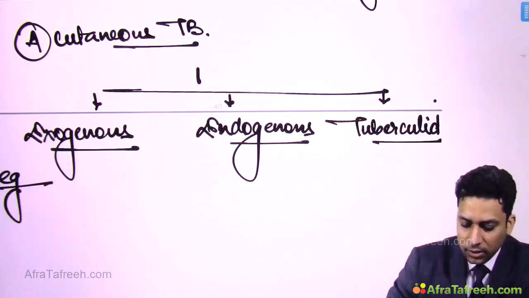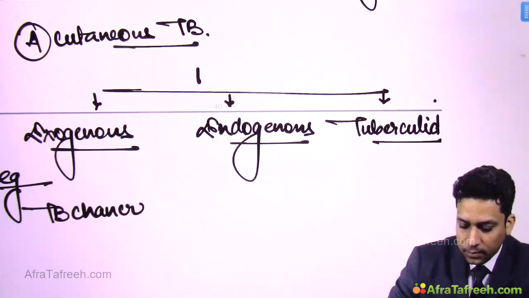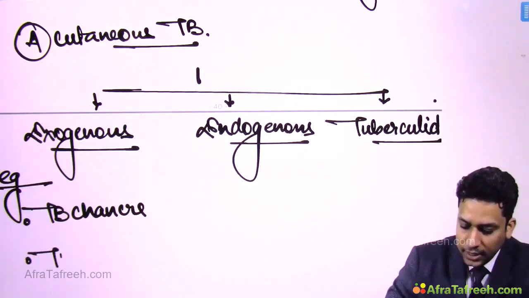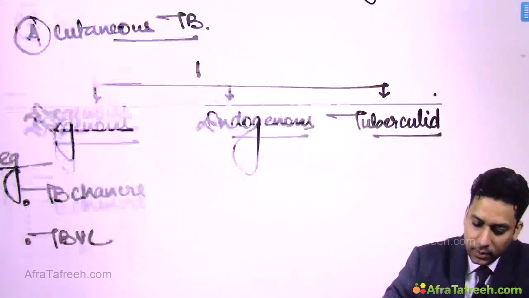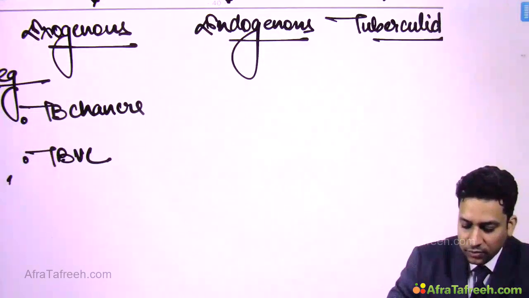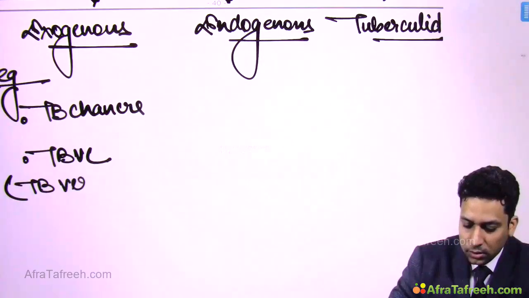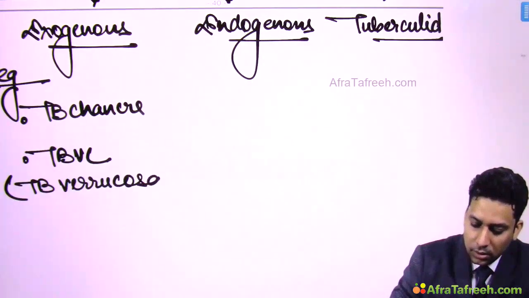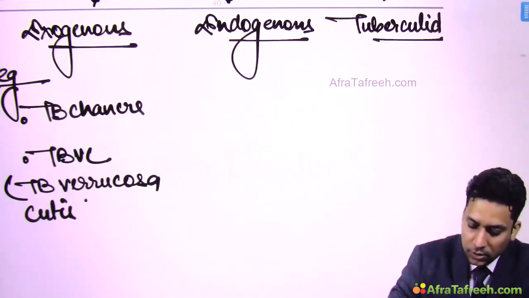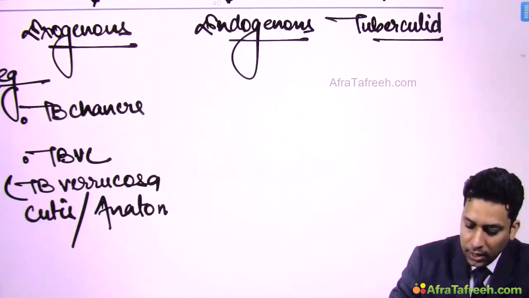Examples of exogenous are tubercular chancre and TBVC. TBVC stands for tuberculosis verrucosa cutis, which is also known as anatomist wart.